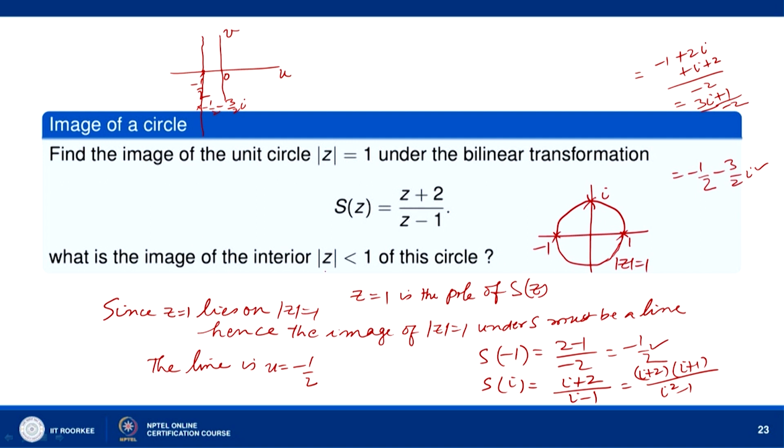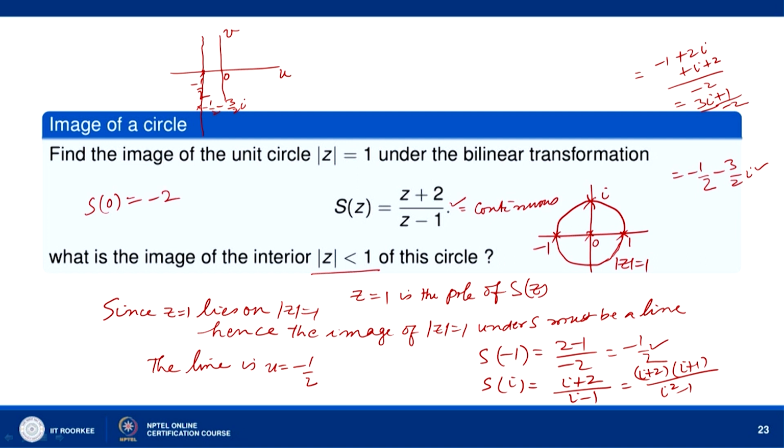Now, let us take the image of the interior, mod z less than 1. We know that S(z) = (z + 2)/(z - 1) is a rational function of z, and therefore, it is a continuous function of z at each point of its domain. So, let us take the point z equal to 0. Z equal to 0 lies in mod z less than 1, and under the mapping S(z), let us see where it goes. S(0) comes out to be -2.